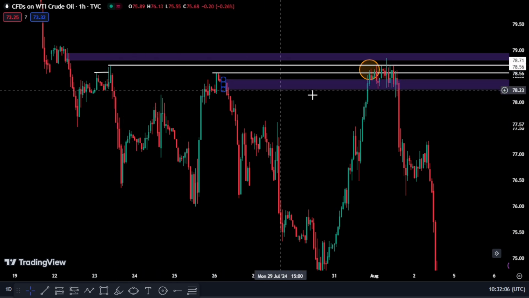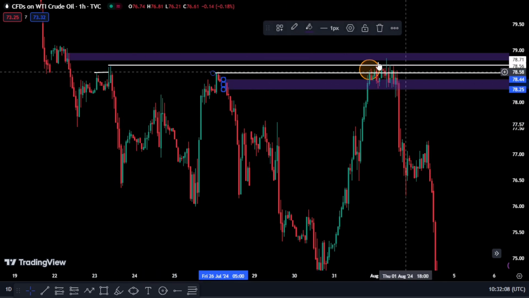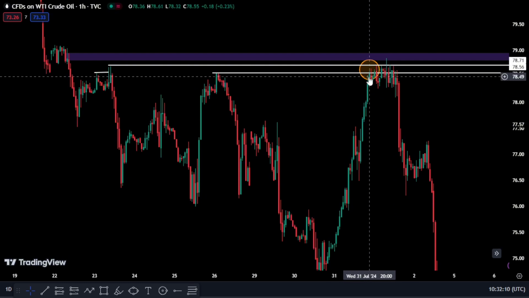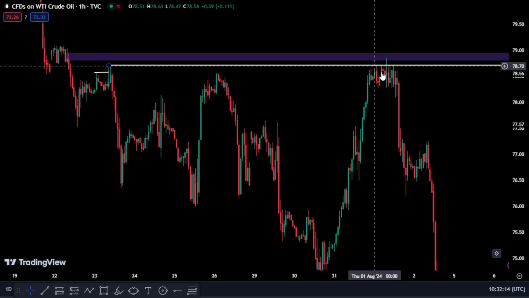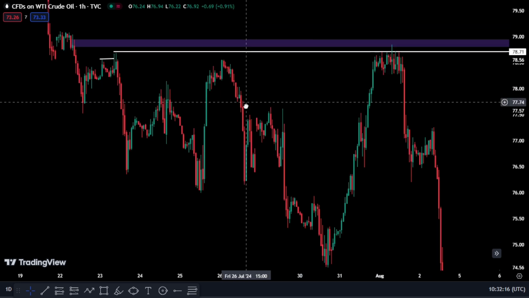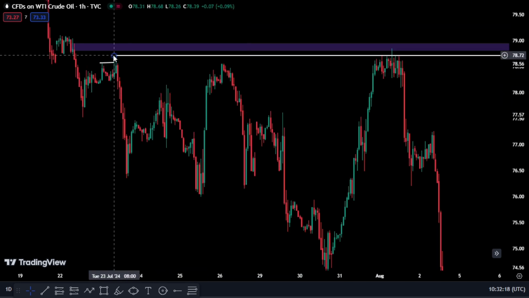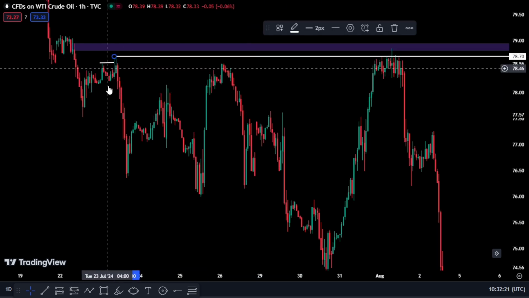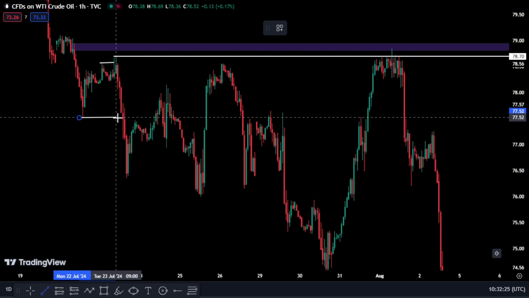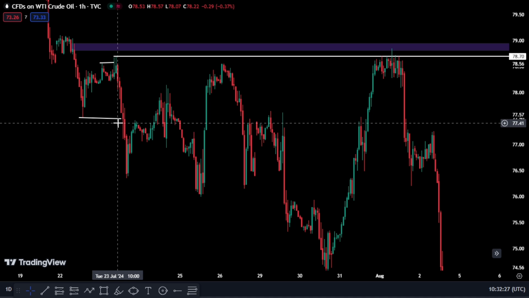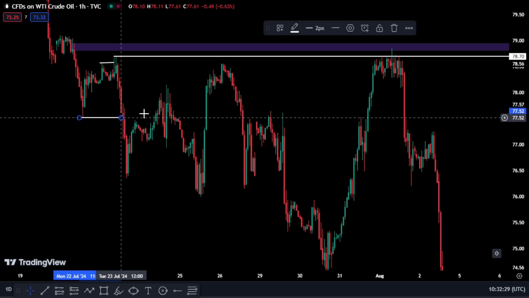Before me taking that trade here, I remember taking it from that area, which I'm just deleting. So we have a sweep of liquidity, and that sweep gave us our protected high. So we have our first break of structure, checked.